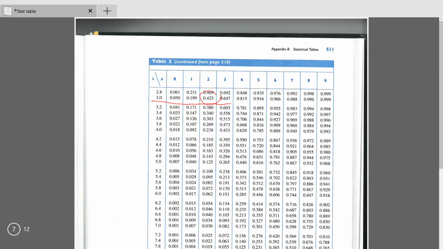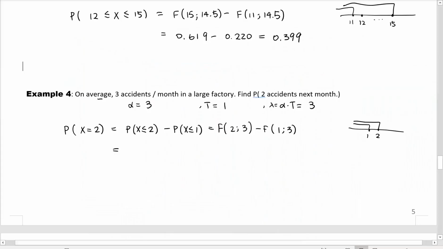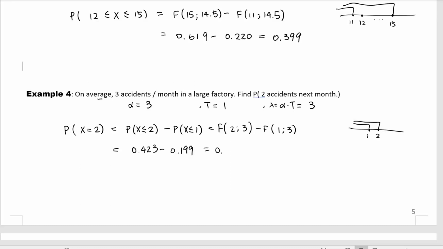Right, so it's 0.423, subtract 0.199. Okay, what do we get here? So the answer is 0.224. Okay, so do you have the same answer?